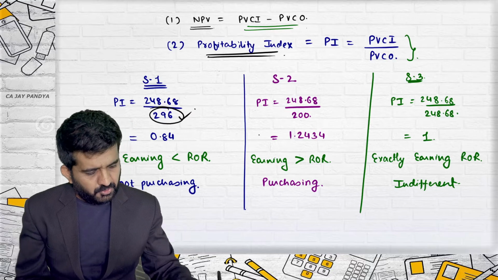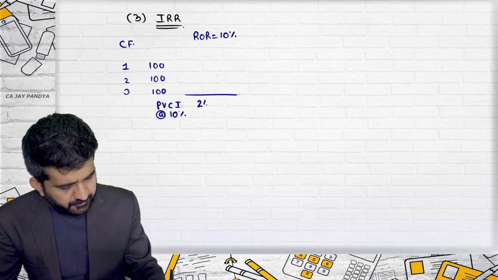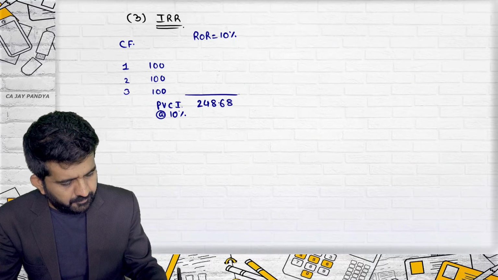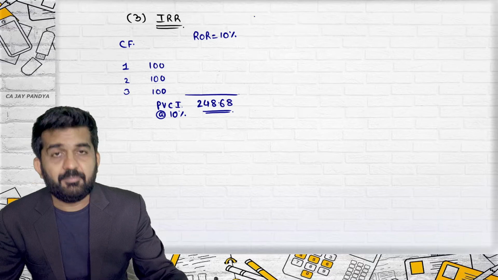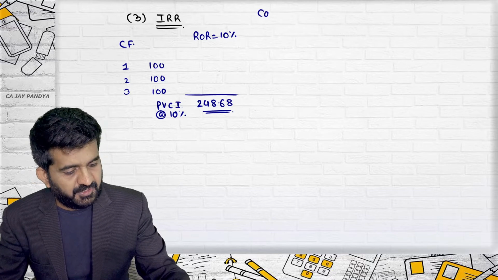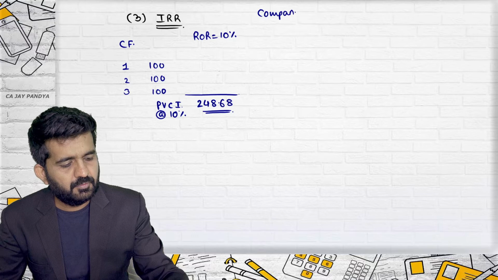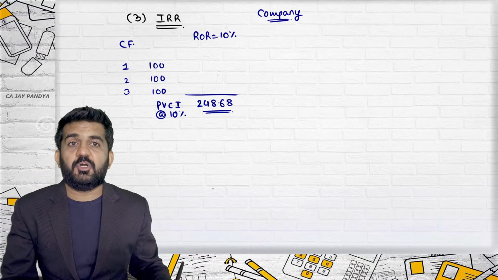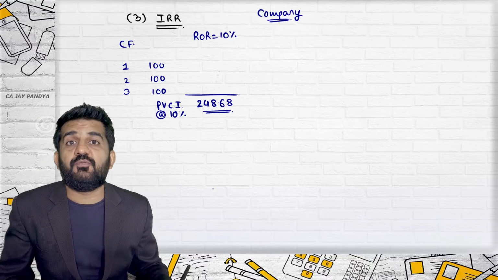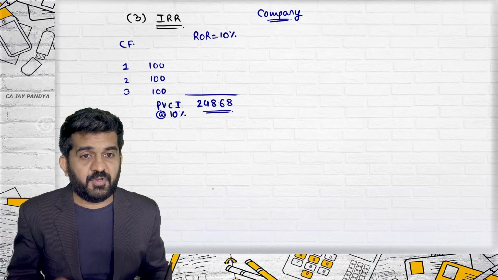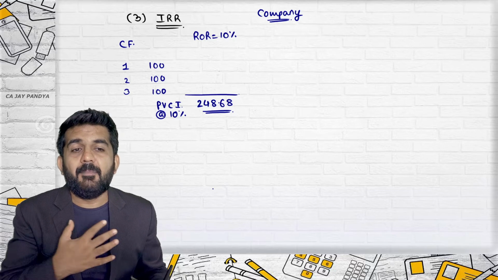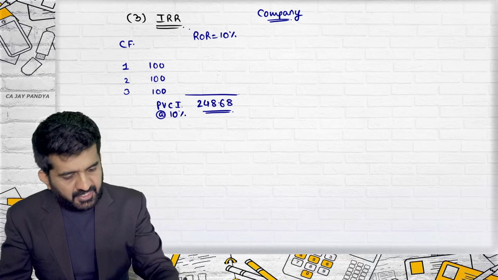What was the answer? 248.68. And I am trying to purchase a company. The company will run only for 3 years and will give me a cash flow of 100 crore. It is not profit. Of 100 crore, my required rate of return is 10%.